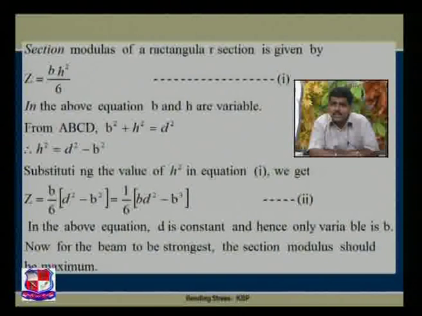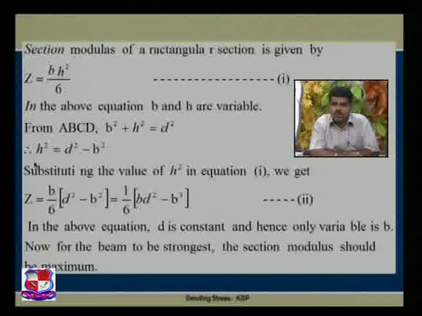Now, in this equation, B and H are both variables, and the known quantity is the diameter of the circular log of wood. So we have to relate these two variables with the given data, small d, and that is given by the rule of Pythagoras: B square plus H square is equal to d square.